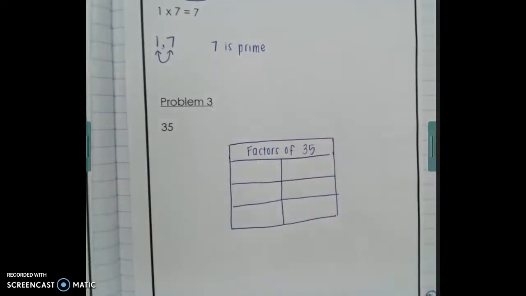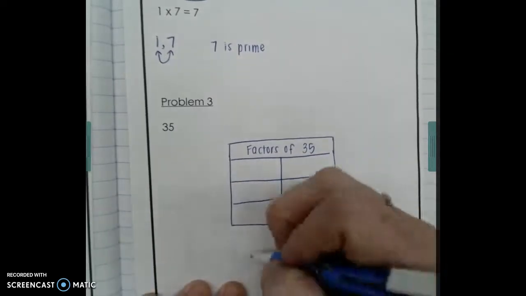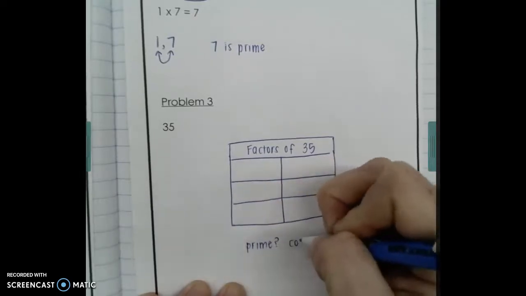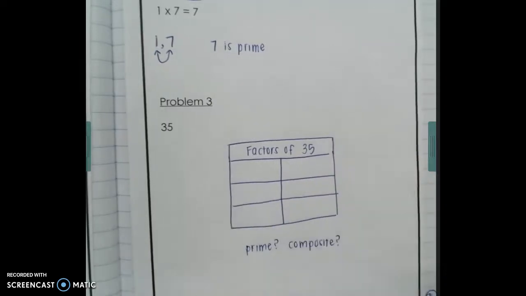And you can keep adding boxes if you think there's more. You can delete a box if there's less. But list what the factors are. And then tell me, is it prime or is it composite? Just write it here on the bottom. All right, and I will see you tomorrow.